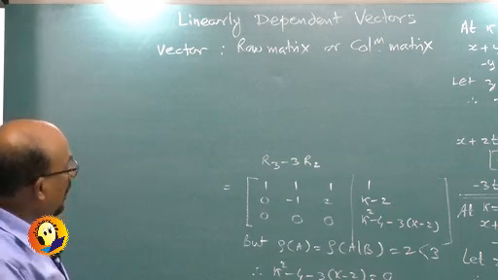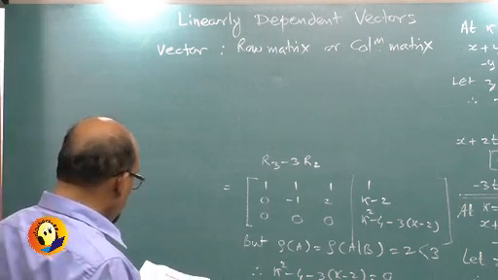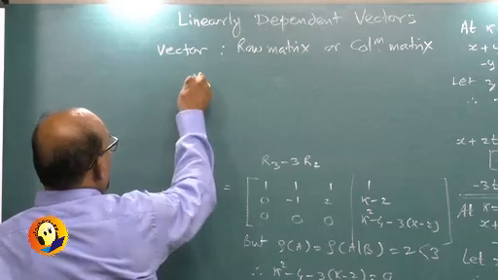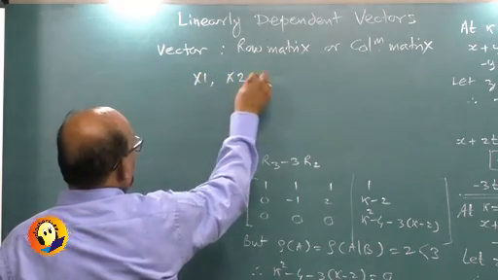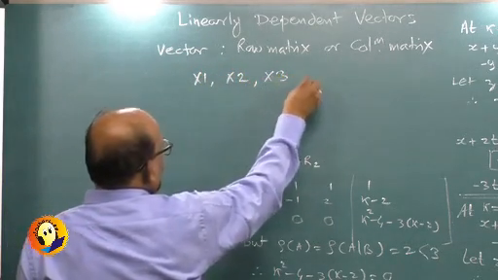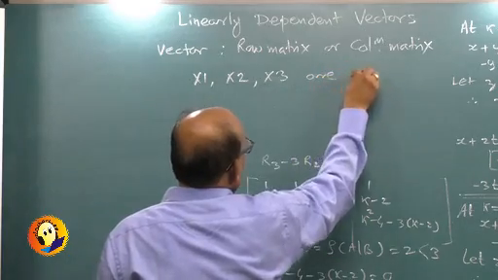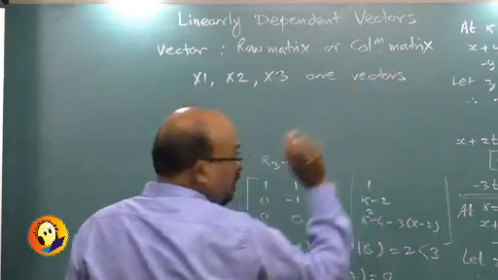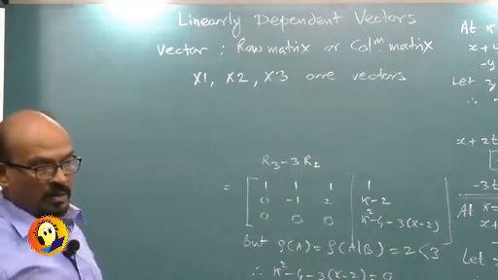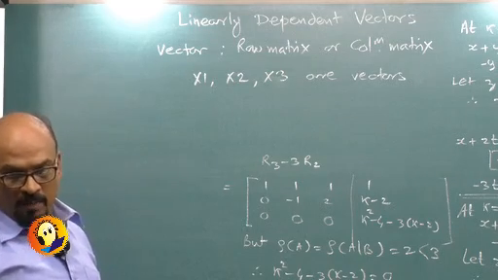Now, suppose there are vectors, the notations that they are using are x1, x2, x3. Now it is up to us how to think whether they are row or column.